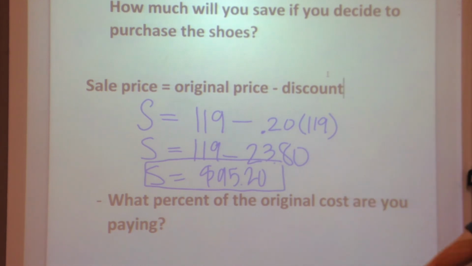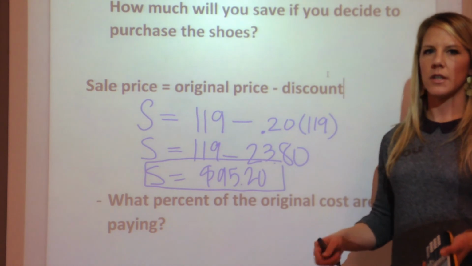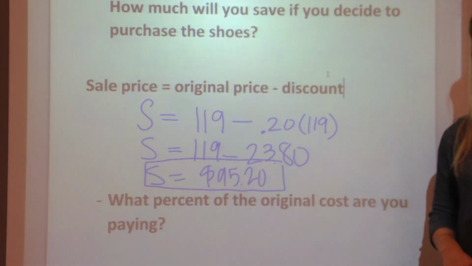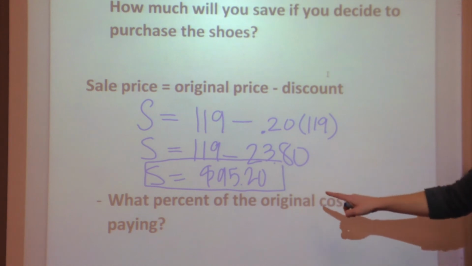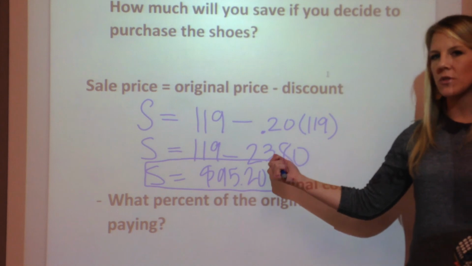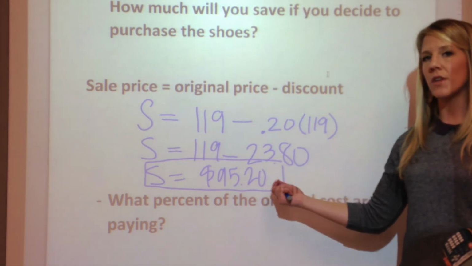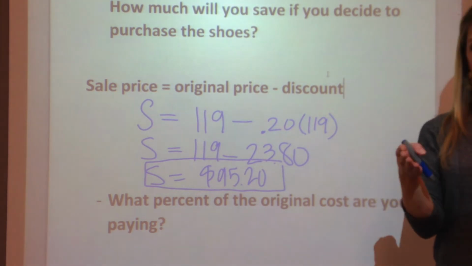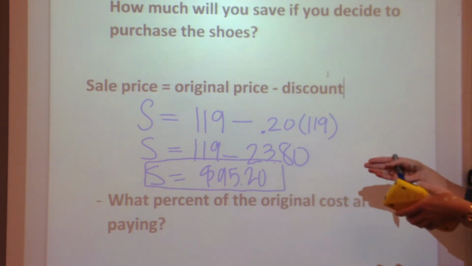But let's think about this in another way, and this gets us ready to go into class tomorrow to start to look at some of these problems in a different way. What percent of the original cost are you paying? We knew it was 20% off, but what percent of the original are we paying? Well, if we pay the whole amount, we're paying 100%, right? But we're not paying the whole amount.